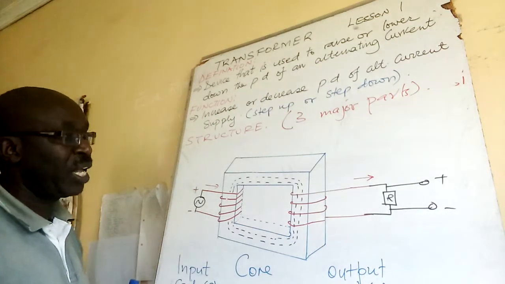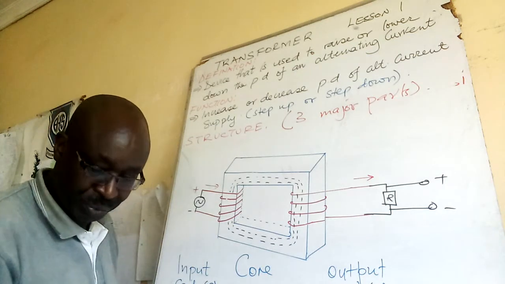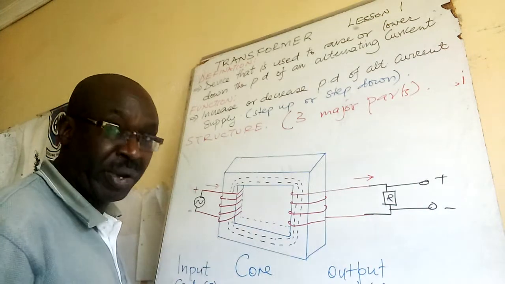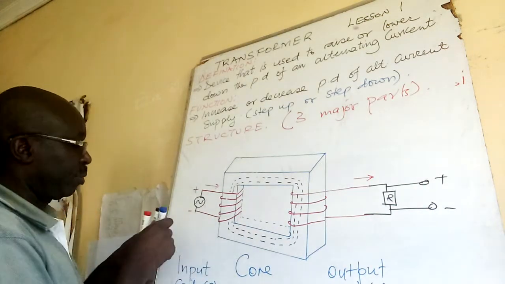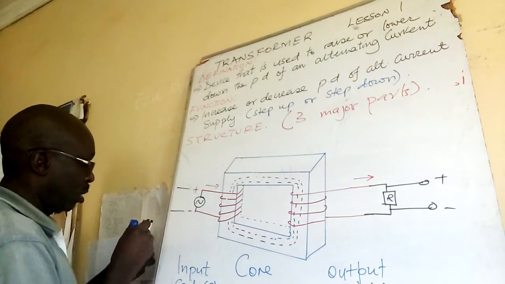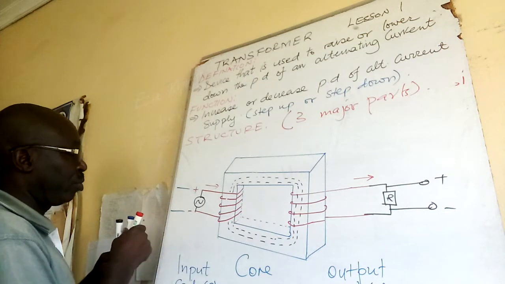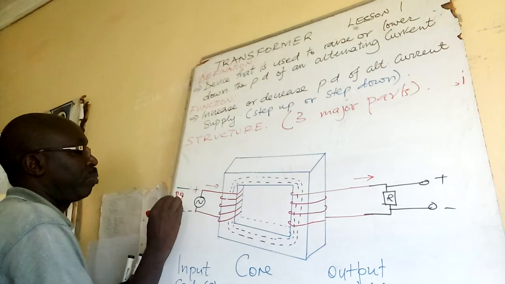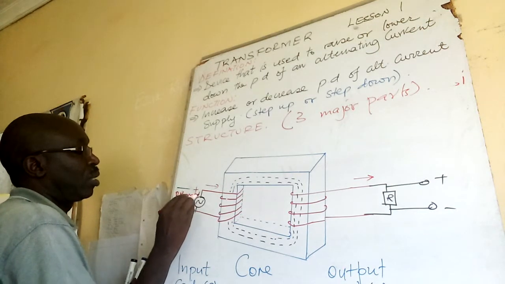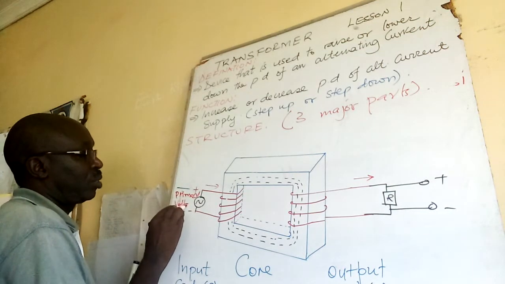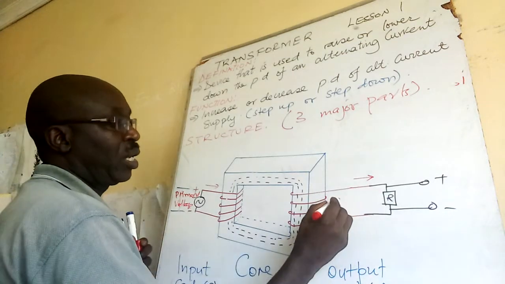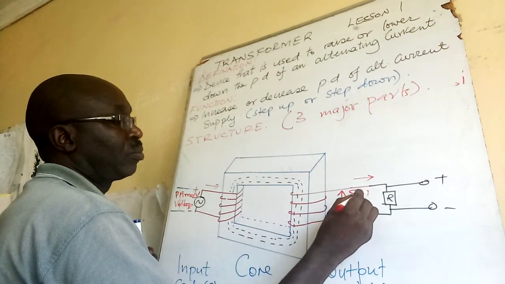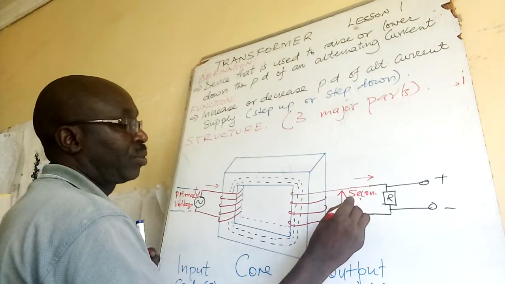That's why here, if you write primary voltage here, you can still have positive, negative, primary voltage. Then you can also do here, this is secondary voltage.